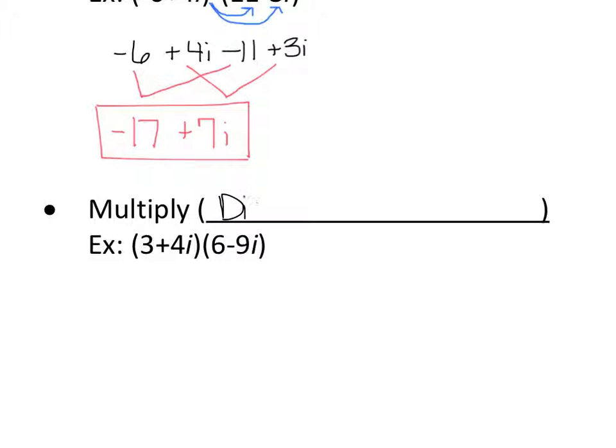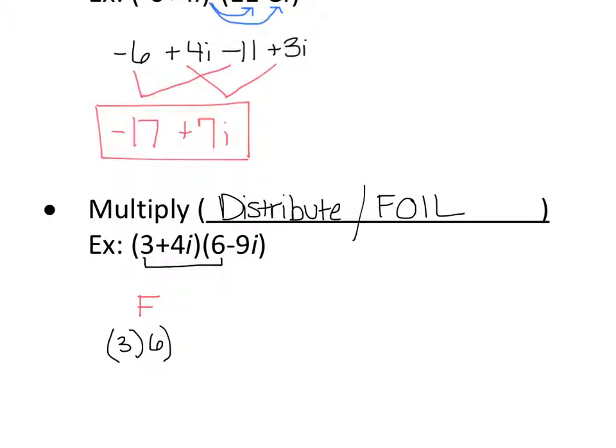and when there are two binomials like this, that is called FOIL. So for our first terms, we're going to take the 3 and the 6, multiply them together. 3 times 6. And then we add outside terms, which are 3 times -9i.